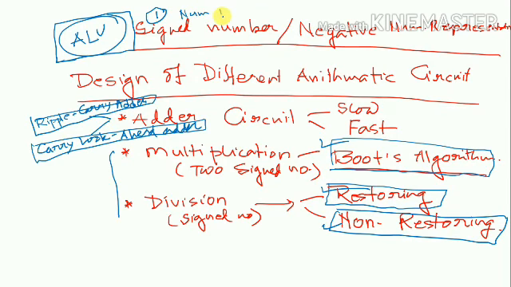Number 2 is the ripple carry adder, number 3 is carry look ahead adder. Why should we study these 2 different adder circuits? Because the carry look ahead adder will be very fast. To make faster addition you have to implement carry look ahead adder, and ripple carry adder will be slower than the carry look ahead adder.